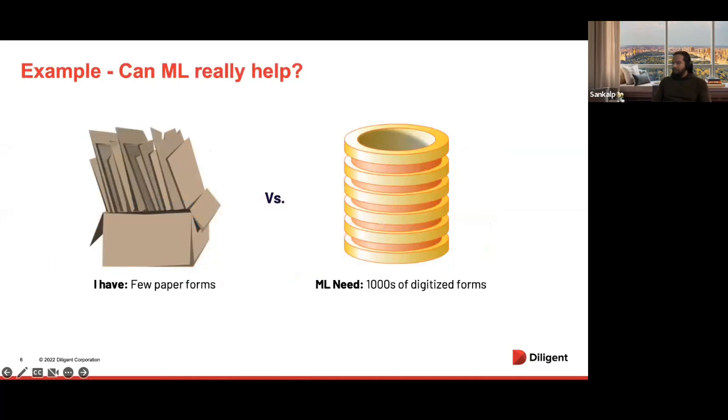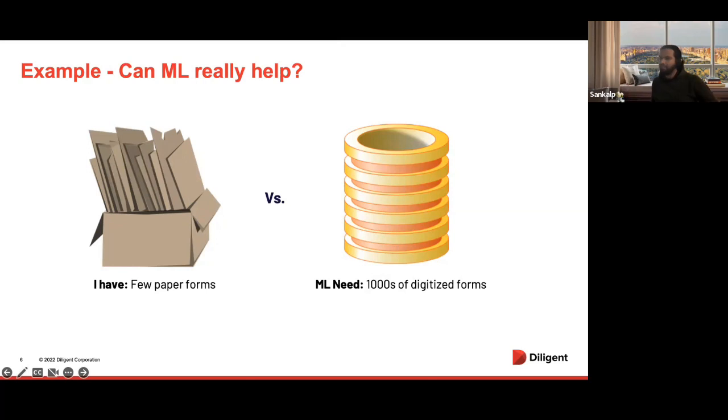In this use case, what we are trying to achieve is to automate some kind of data entry workflow. And this is just going to help us solidify our understanding of what ML exploration is, right? So as I said, the use case is about automating the data entry workflow, and you do that by extracting information from paper forms into some digitized forms, right?